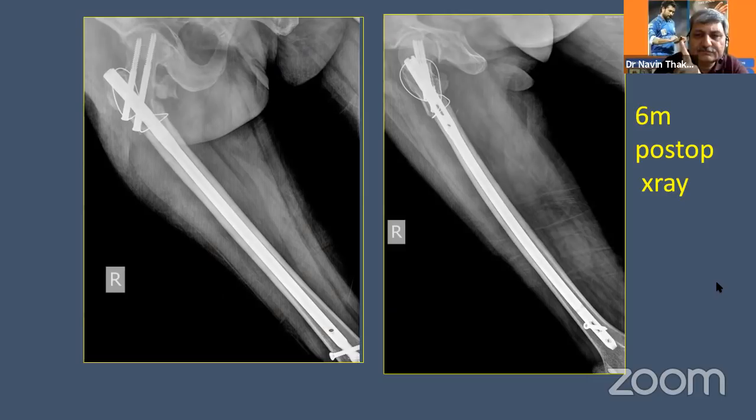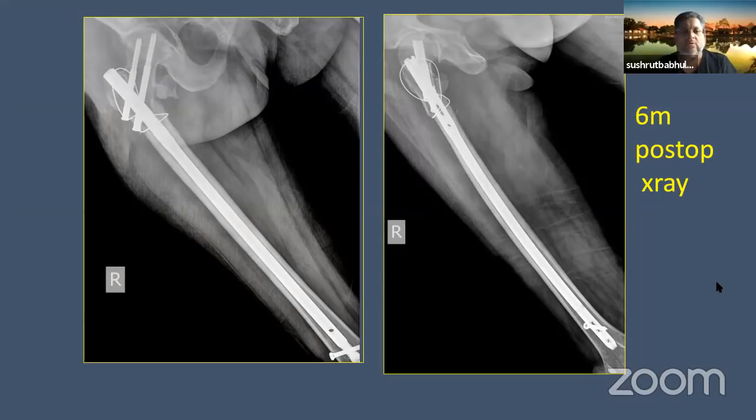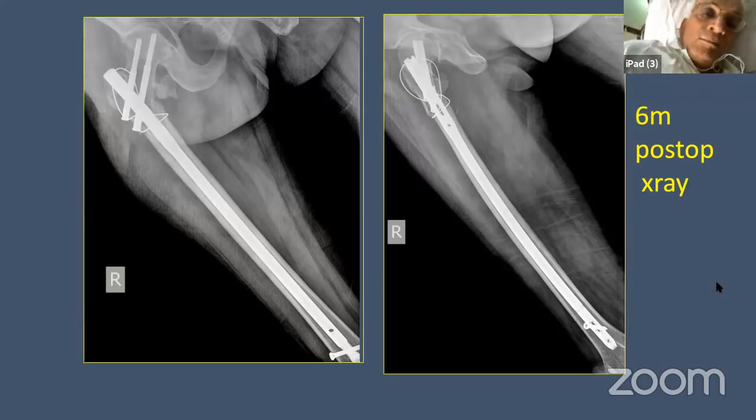Can I start with Shushrut? Yes. I think I will do a CT scan to analyze whether this fracture has healed at all or not. Okay, so you are doubtful about the healing? Yes. But can you see it with the metal inside?